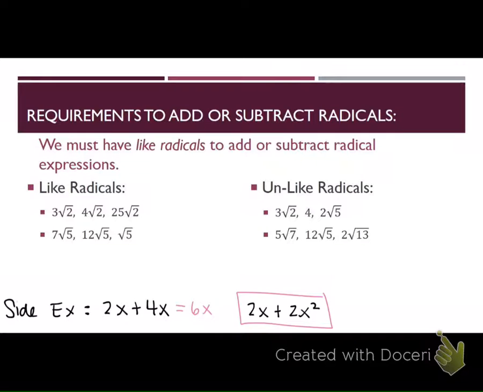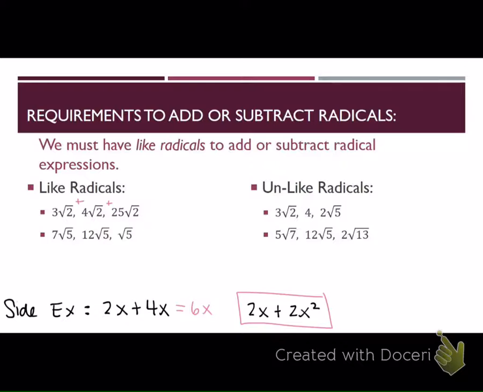So like radicals are like your x's. Do you guys see how these all have a root 2 here? This is like having 3x, 4x, and 25x. So if you were to add these, you would just add the front numbers. 3 plus 4 is 7. 7 plus 25 is 32.